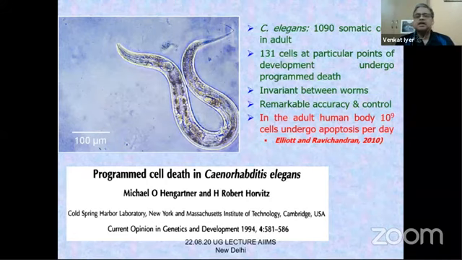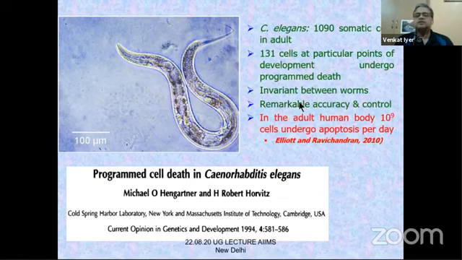With remarkable accuracy and control, the same cells at the same time point will undergo apoptosis. And therefore, apoptosis was elucidated by looking at the control proteins which were involved in C. elegans, and subsequently homologs were found in humans. Now, of course, we have sequenced the whole genome and we know the control in great detail.